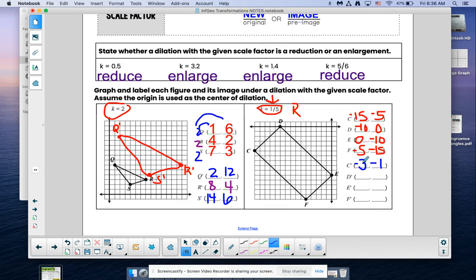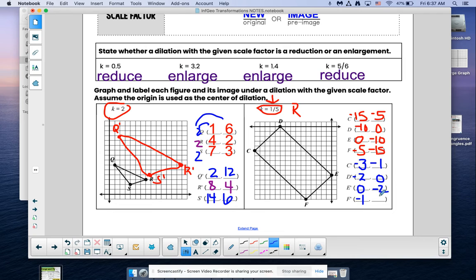Negative 10 divided by 5 is negative 2. 0 divided by 5 is 0. Negative 10 divided by 5 is negative 2. Negative 5 divided by 5 is negative 1.